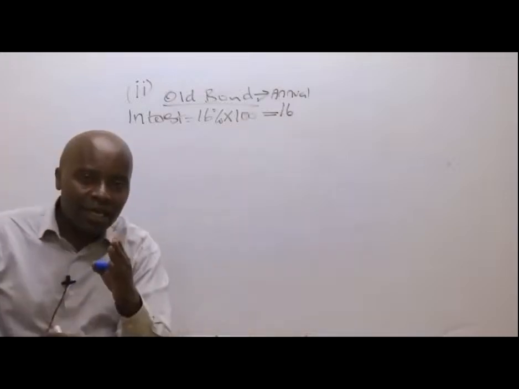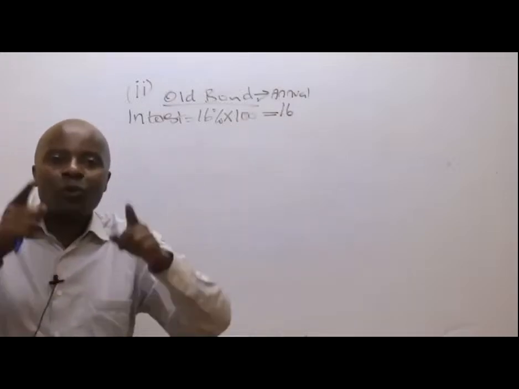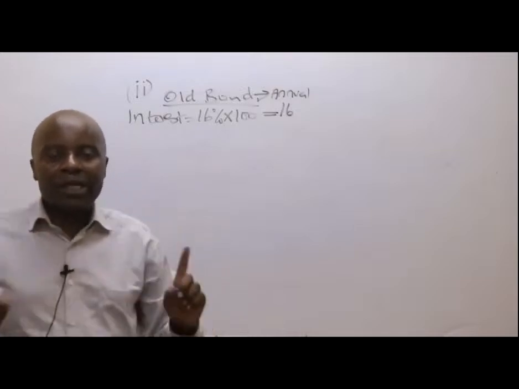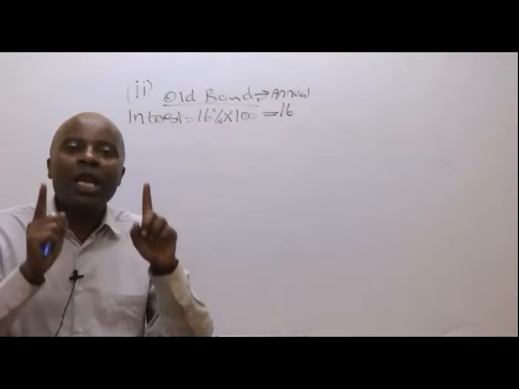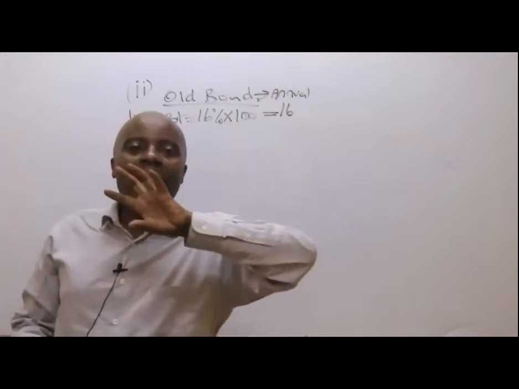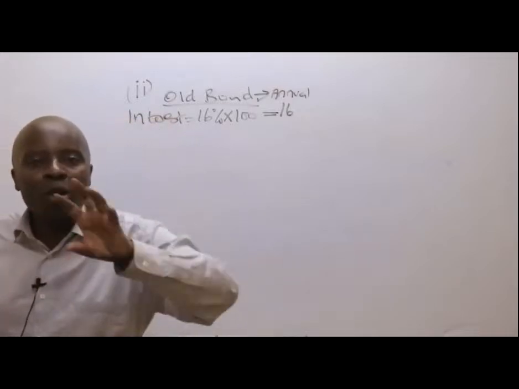But as I said, other than paying this interest, the government wants to promote these small and medium enterprises. The government would want you to raise money. So as you pay interest, there are tax benefits that will come with this bond interest.